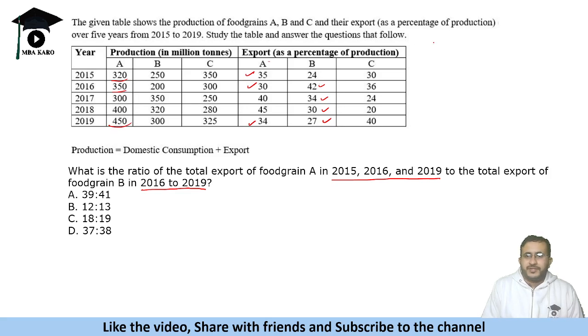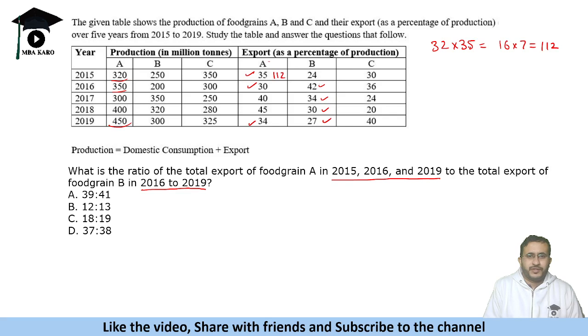35% of 320. So 32 into 35 we need to do. So you can say 32 into 3.5, because when you take the 100, you remove two zeros, so here is only one zero. So 32 into 3.5 can be done as 16 into 7, which is 112.